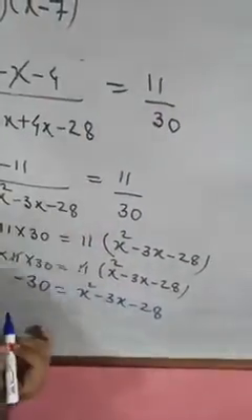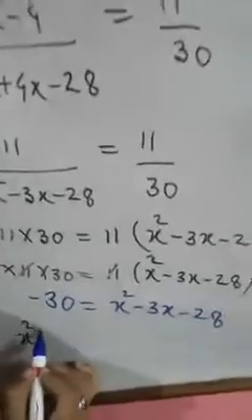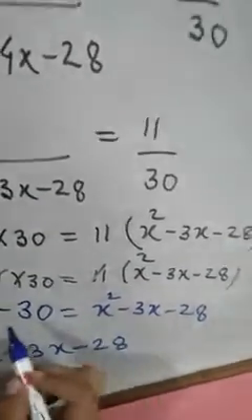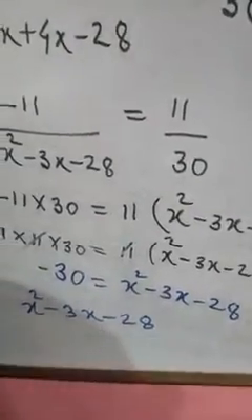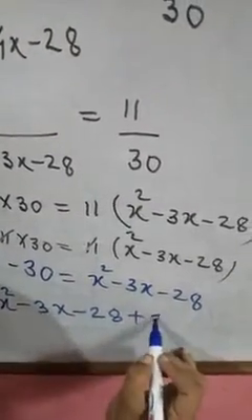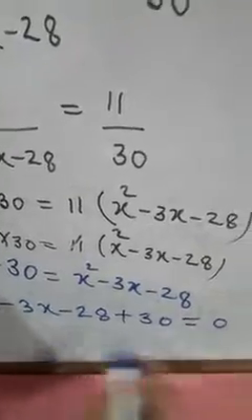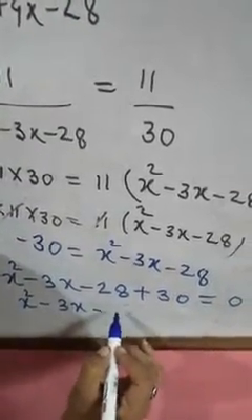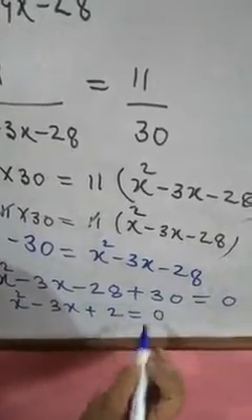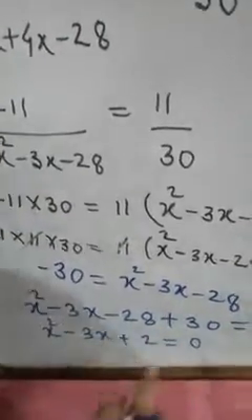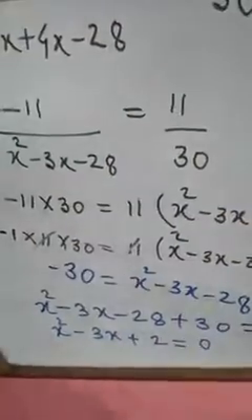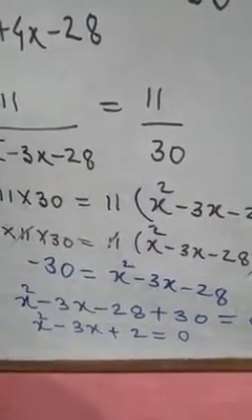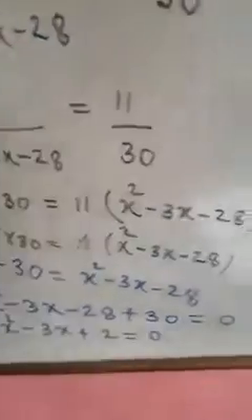So x square minus 3x minus 28, when this goes to this side, it becomes positive 30, equal to 0. 28 minus 30 is minus 2. Now we got the equation x square minus 3x plus 2 equal to 0.